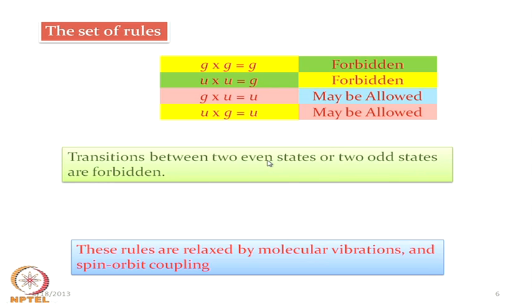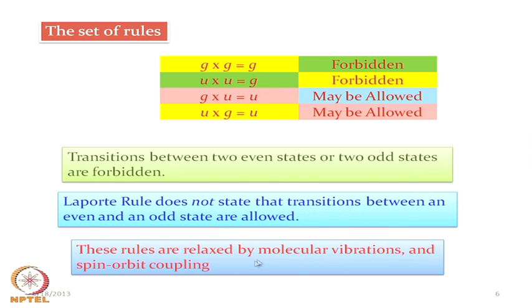So, if the d orbitals in octahedral symmetry have the inversion symmetry, that means the system is centrosymmetric, and the excited state is also of the same type, then we do not expect any transition from one even state of g type to another even state of g type.